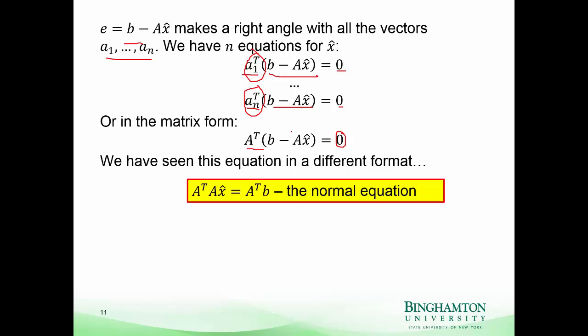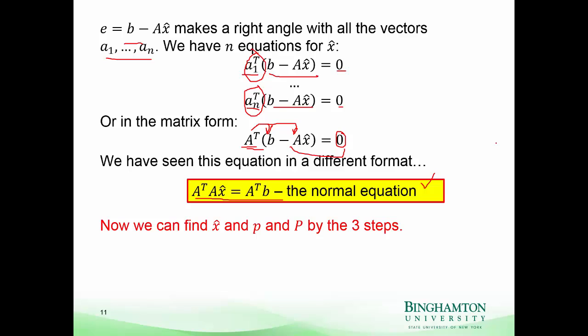Okay, so what do we do now? Well, manipulate. Always a good thing to just try to play around and see where things will go. Pass the A transpose through, swing it on over, and we end up with something that looks like this. And this is called the normal equation, or the normal equations, since we're talking about multiple variables here and multiple matrix form of multiple equations.